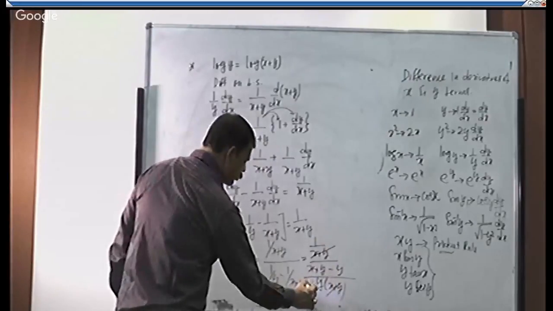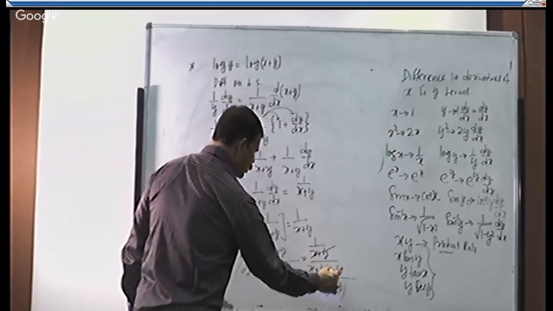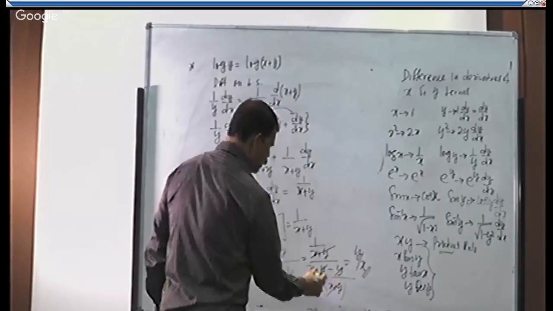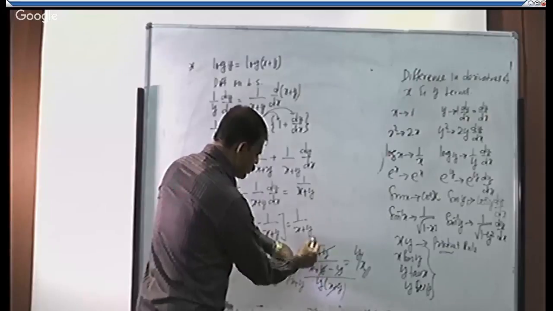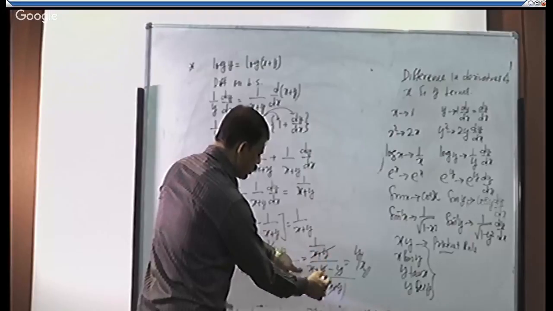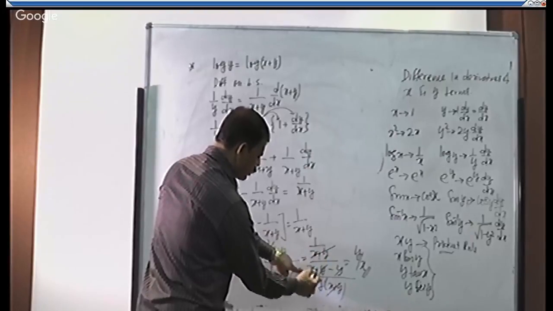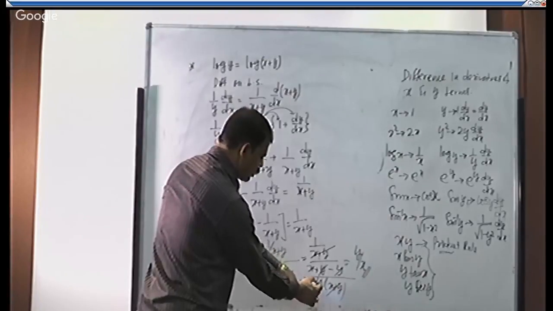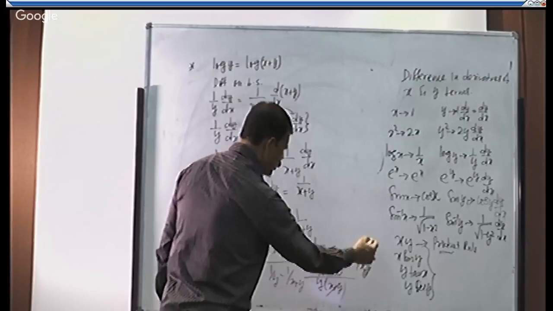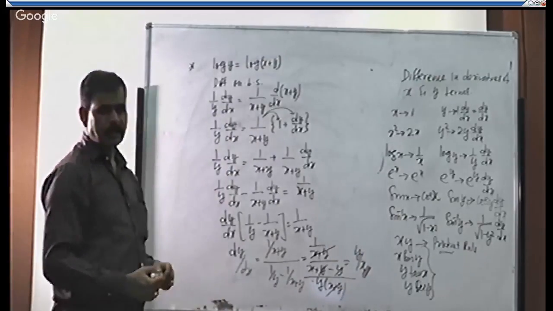This y goes to the numerator. Finally it becomes y divided by x. The whole thing, 1 by x plus y, cancels, so 1 is remaining at the numerator. Here x divided by y is at the denominator, so y goes to the numerator. So y divided by x is the final answer.